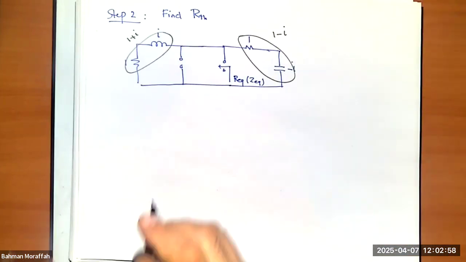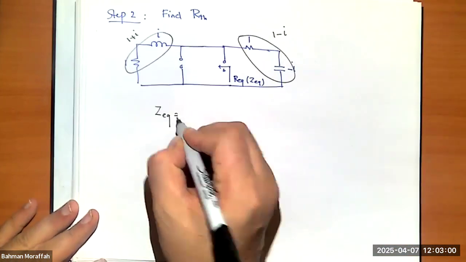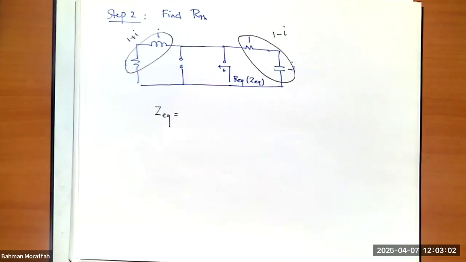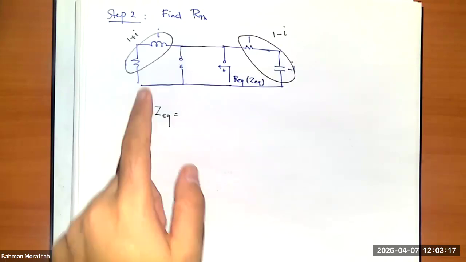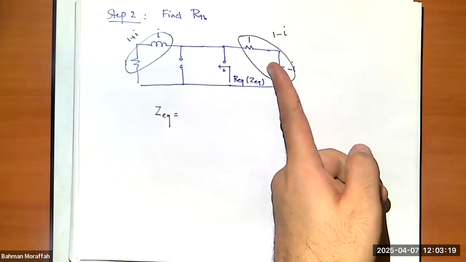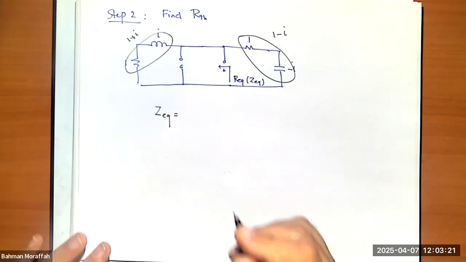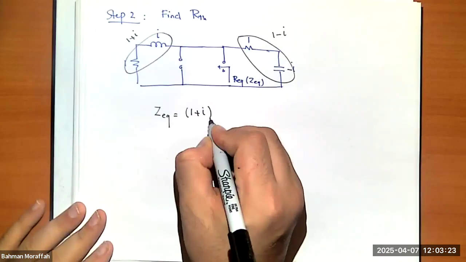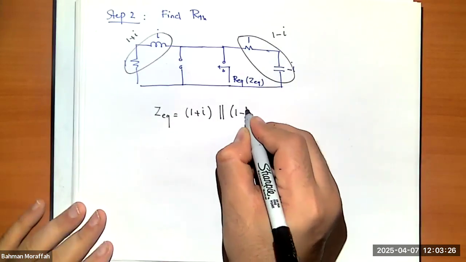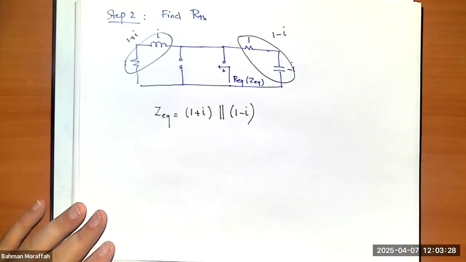So what is my Z equivalent? What is it? It's 1 plus I in parallel with 1 minus I, right?